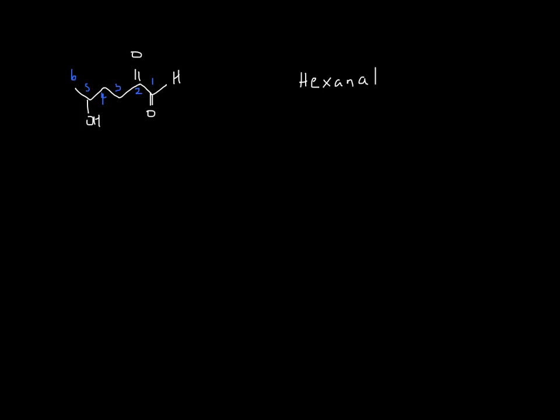Again, we don't need the number on that because the main chain is the aldehyde, which is always at carbon number 1. So this alcohol would be a substituent, and this ketone would be a substituent. The ketone as a substituent is an oxo group, that's at position 2, so that's a 2-oxo. And the alcohol is at carbon number 5, and that's called a hydroxy.